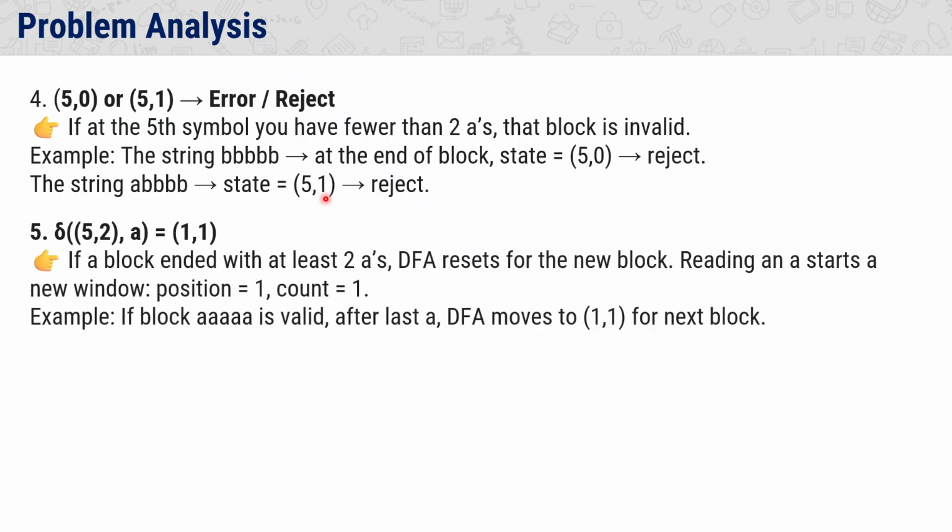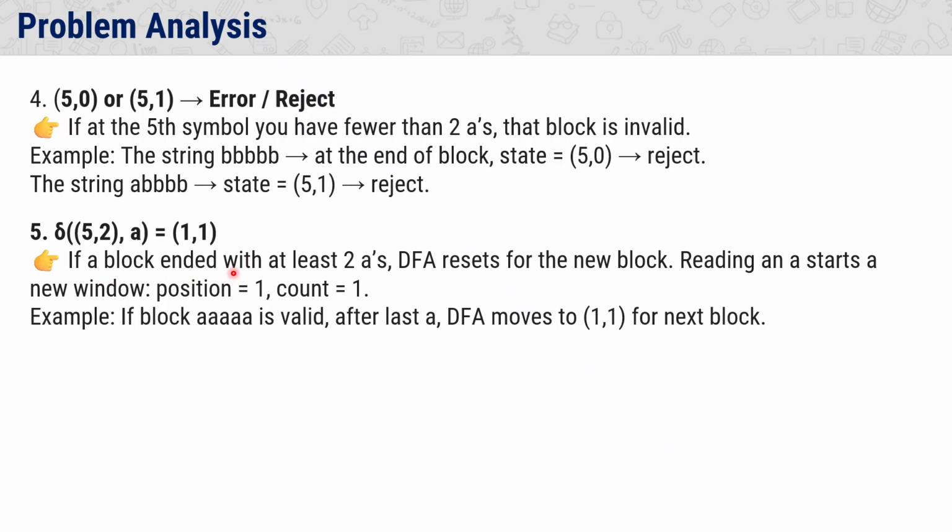The next point is another condition: delta(pi, 2) on input A will go to the next state (1,1), where it resets the sliding window. There may be multiple blocks, and in each block at least 2 A's should be there. Even if it is accepting the first block, we have to reset and move on to the second window.